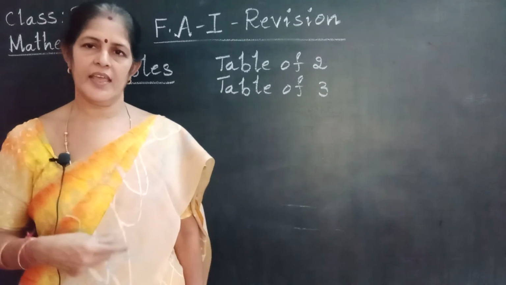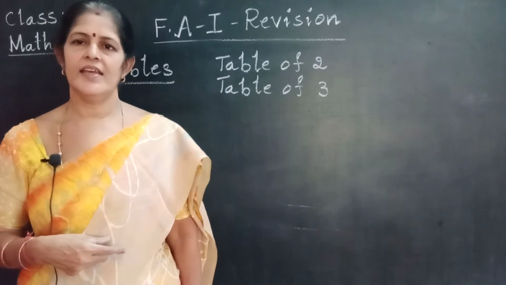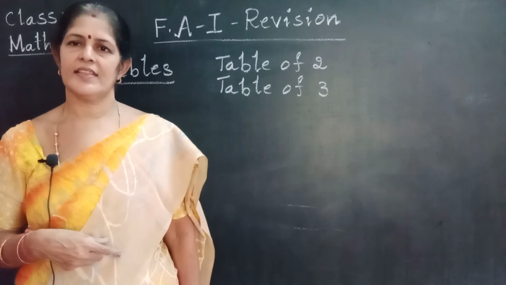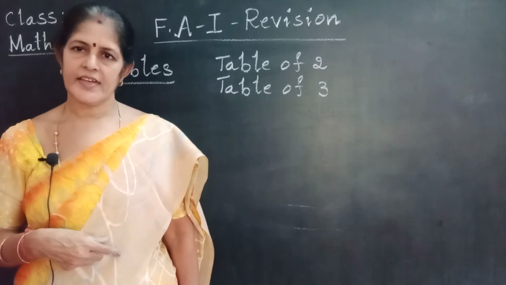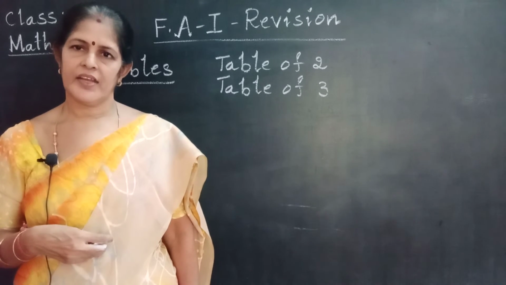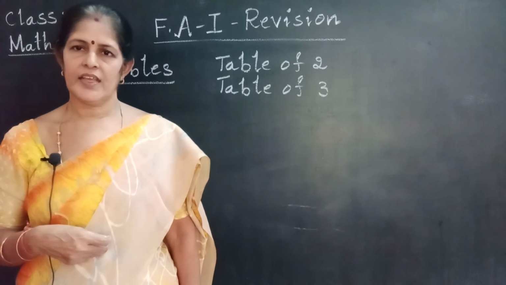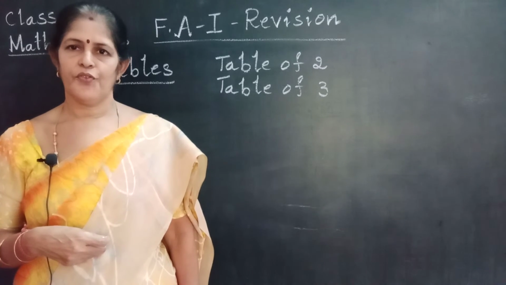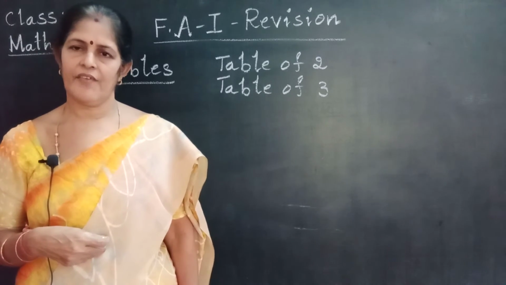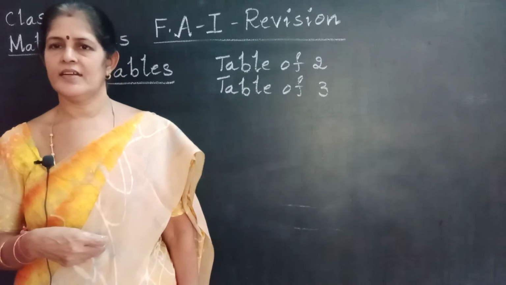Now table of 3, 3 1s are 3, 3 2s are 6, 3 3s are 9, 3 4s are 12, 3 5s are 15, 3 6s are 18, 3 7s are 21, 3 8s are 24, 3 9s are 27, 3 10s are 30.